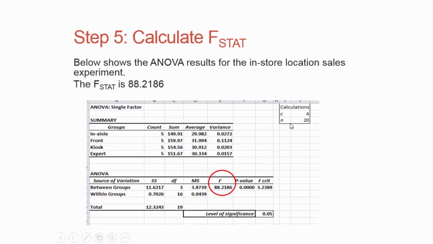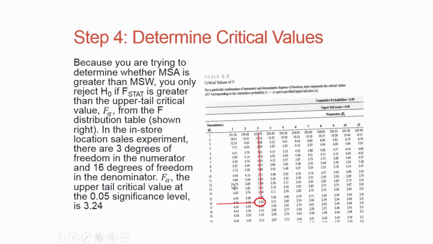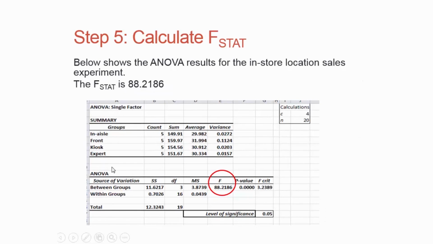And here's N, that's the total number of observations, which is 4 times 5. That's where the 16 came from for the degrees of freedom, N minus C, where N is the number of rows times the number of columns, minus the number of columns, which is 4. So that's how we got 16. 3 and 16 is how we found our critical value. So you can find it on the table here too.